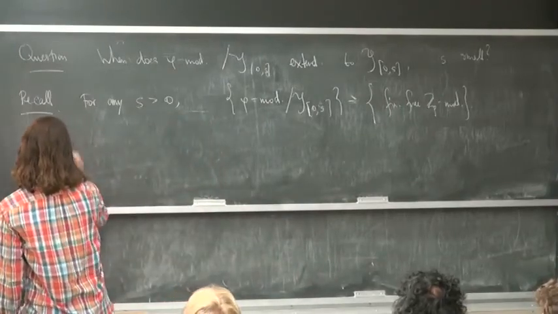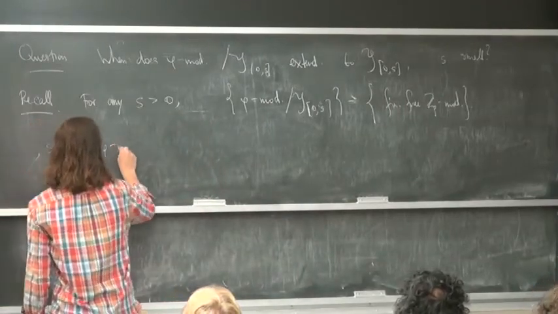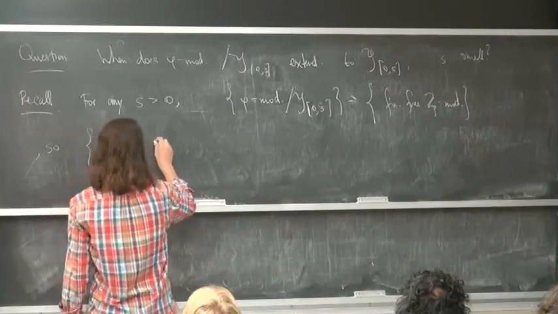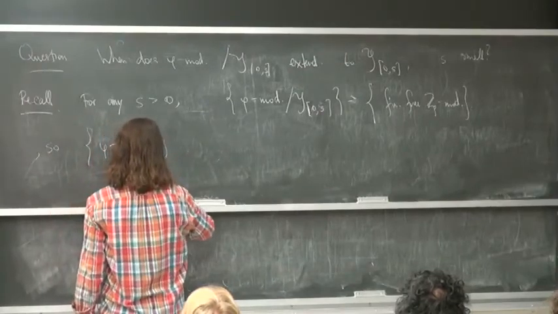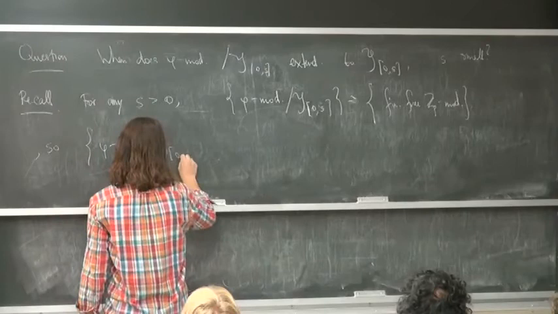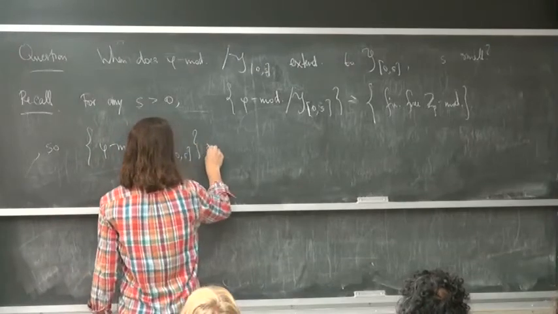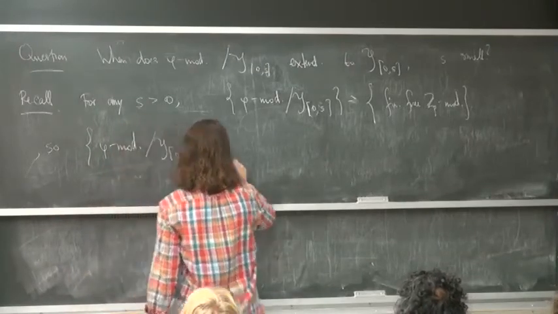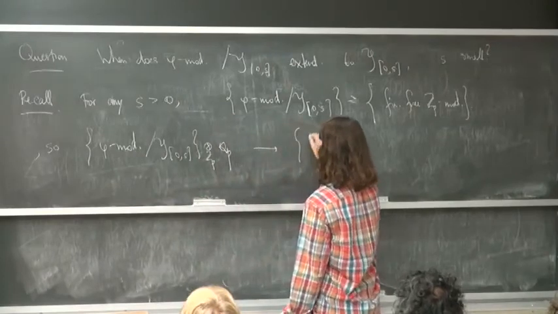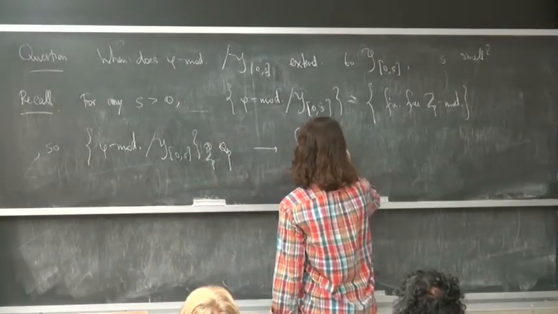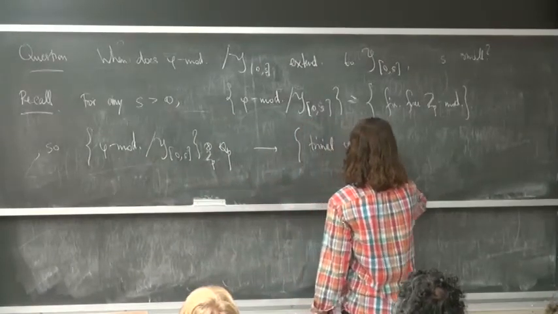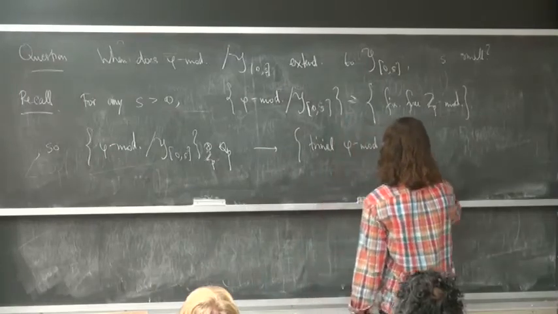So if I take phi modules over y0s and tensor with Q_p, there is now a map to trivial phi modules over y0s.